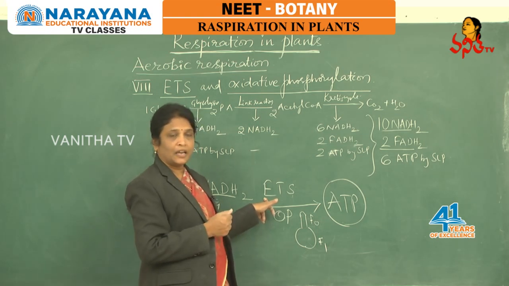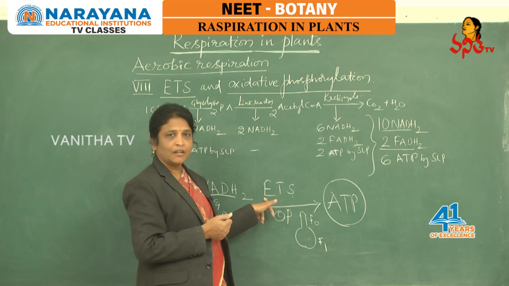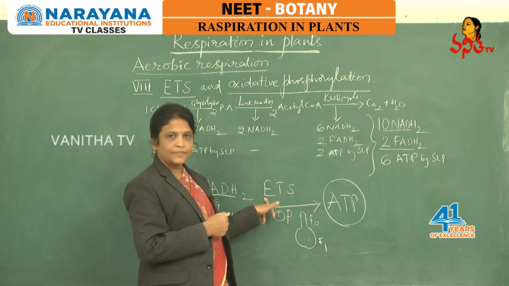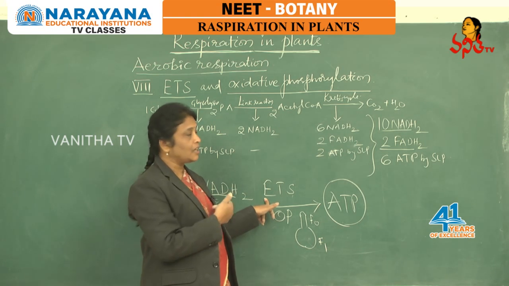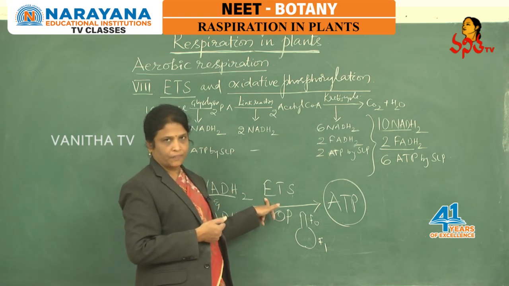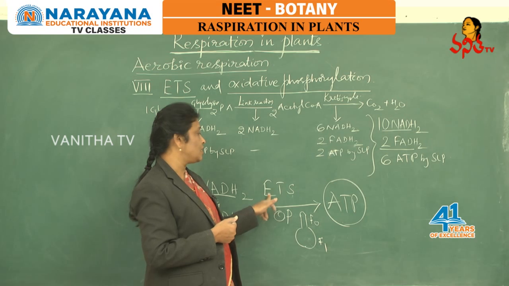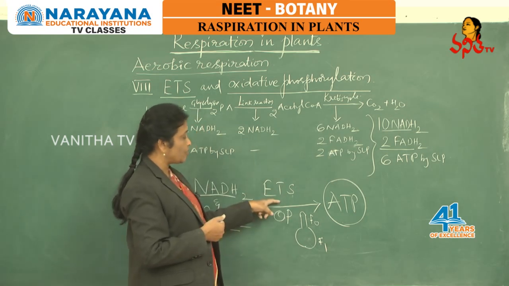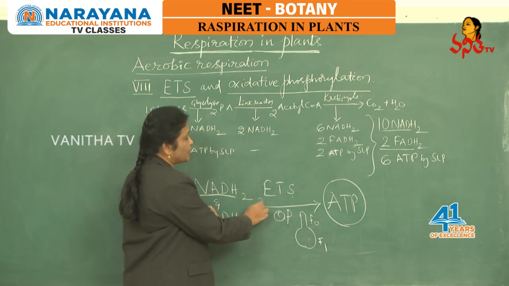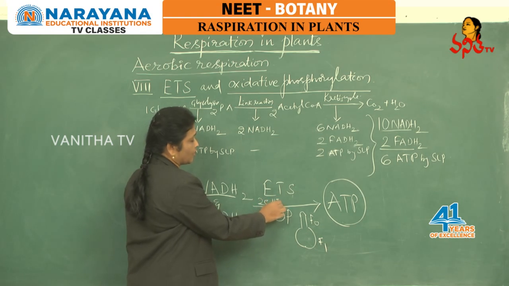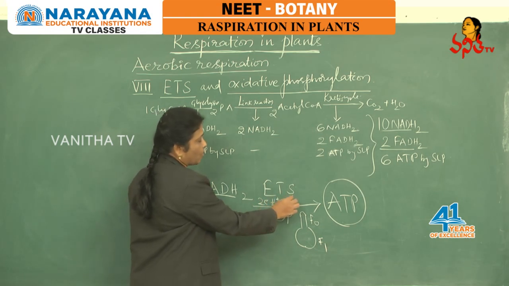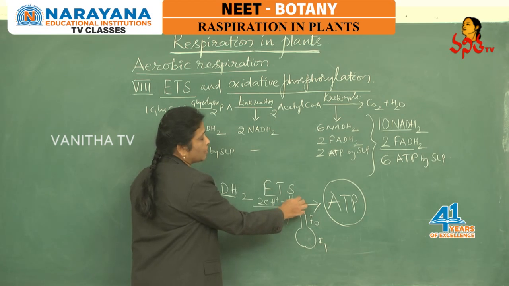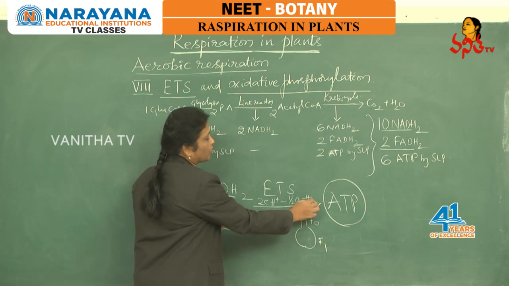Oxygen, you know, plays a great role in aerobic respiration, and only in the presence of oxygen do link reaction and Krebs cycle take place; they do not occur in the absence of oxygen. But oxygen does not play any direct role in link reaction and Krebs cycle. The direct role of oxygen is in the electron transport system. The electrons and protons liberated are received by oxygen here, and that oxygen is reduced to a water molecule.